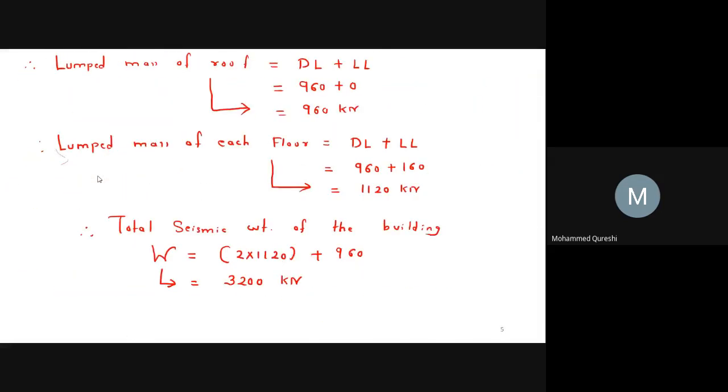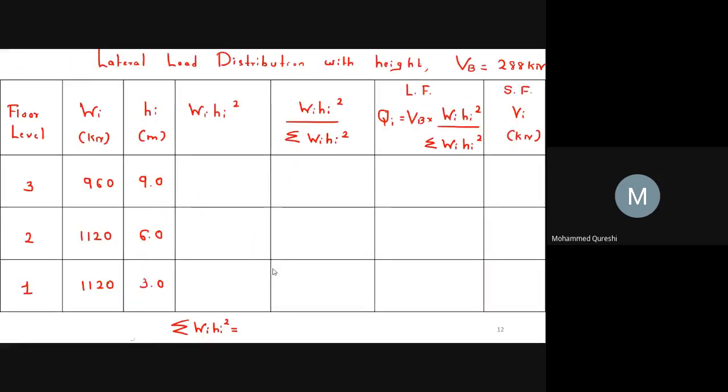All the three values we had calculated earlier. So for first floor 1120, for second floor 1120, and for third floor 960 kilonewton.